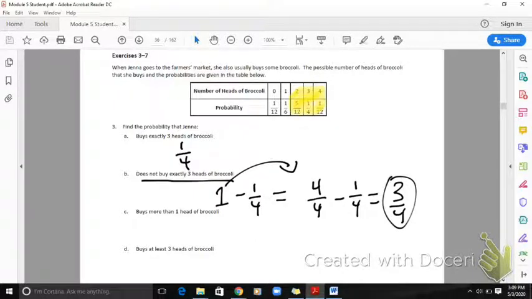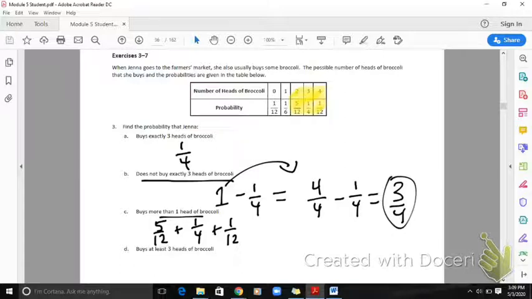So you add those values together to figure out the probability of her buying more than one. The probability of her buying 2 broccoli heads is 5/12. The probability of her buying 3 broccolis is 1/4. And the probability of her buying 4 broccoli heads is 1/12. These are all more than 1.